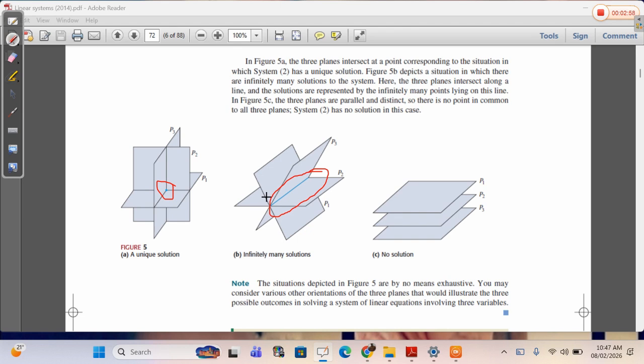First we will discuss the nature of the solution, whether it is a single unique solution, infinitely many solutions, or no solution. After that, if there is a solution, we will find out what it is.